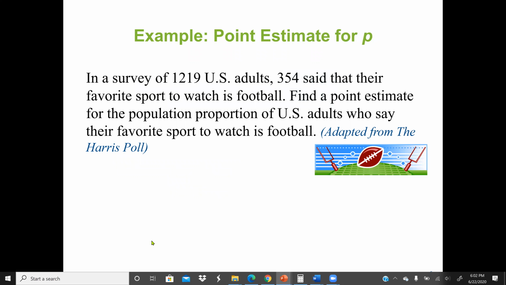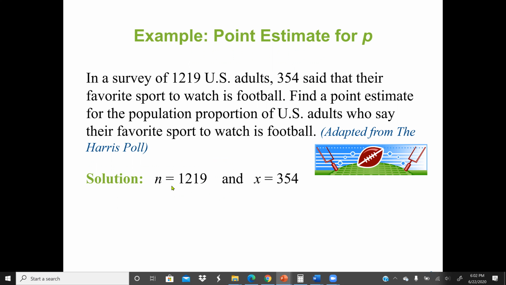So now let's see an example of a point estimate for p. Here we say in a survey of 1219 US adults, 354 said that their favorite sport to watch is football. Our question is to find a point estimate for the population proportion of US adults who say their favorite sport to watch is football. We know the sample is 1219, and those who say football is their favorite sport to watch number 354.